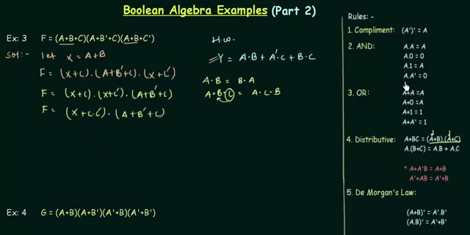Now from here you can see a and a complement is equal to 0, therefore c and c complement will be 0. So we have x or 0 and a or b complement or c. X or 0 is equal to x. From here you can see a or 0 is equal to a, therefore function f is equal to x and a or b complement or c.